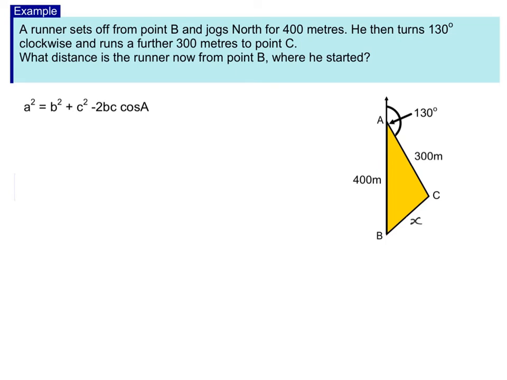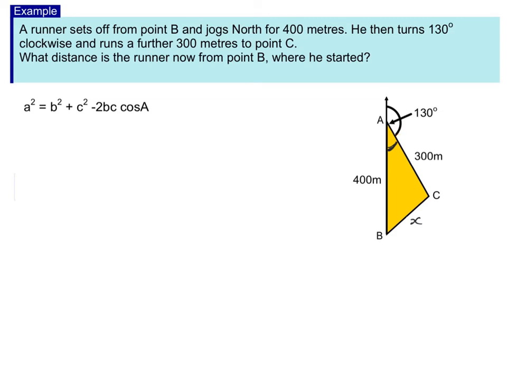Right, this is the cosine rule here. I've got 2 of the sides. I'm trying to find the third side. So what I really need is this angle in here. This is where this idea of north and bearings comes into it. This line here is a continuous line because he's run north and then this line is still pointing north.